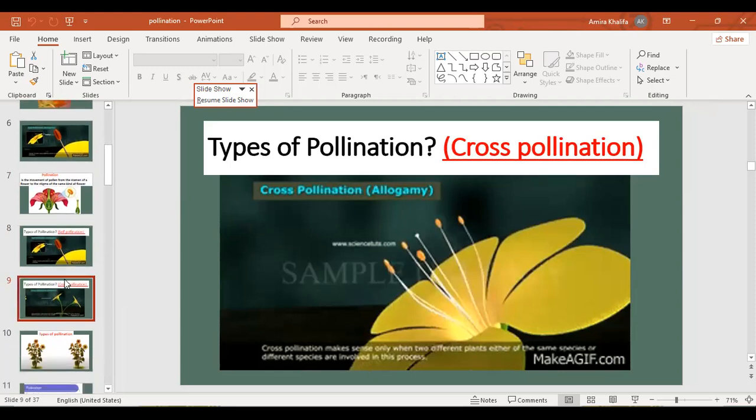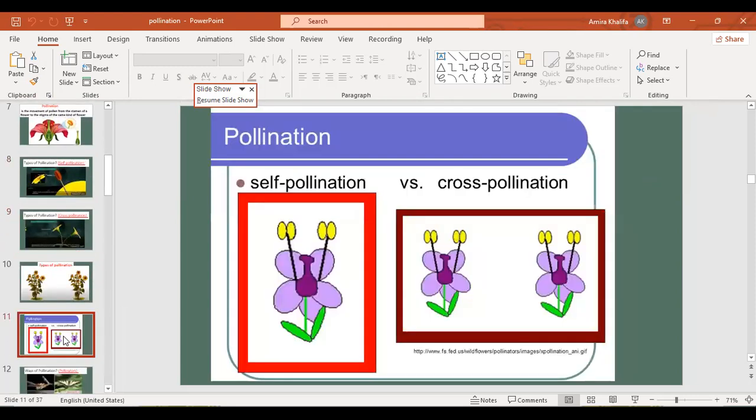Okay, now this is also another explanation for self and cross-pollination. Self-pollination is the movement of pollen grains from the stamen or the anther in a flower to the stigma of the same flower, and here the cross-pollination is the movement of pollen grains from a flower to another plant's stigma, the same kind of flower.